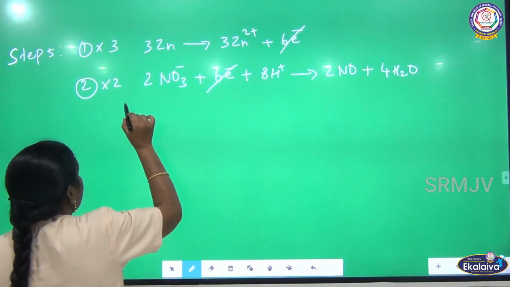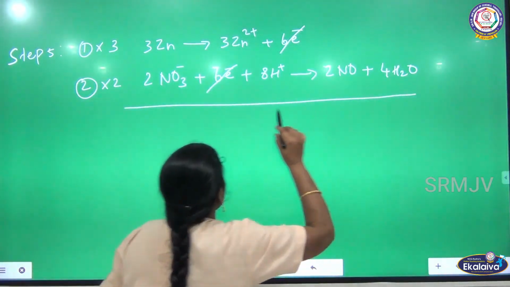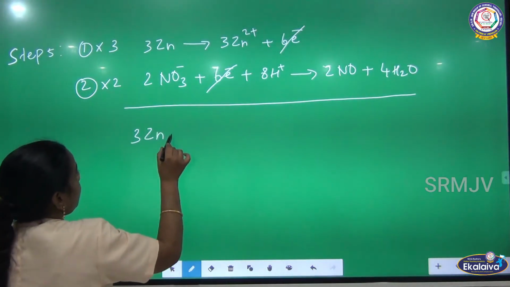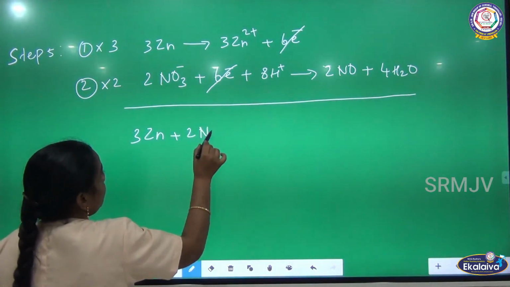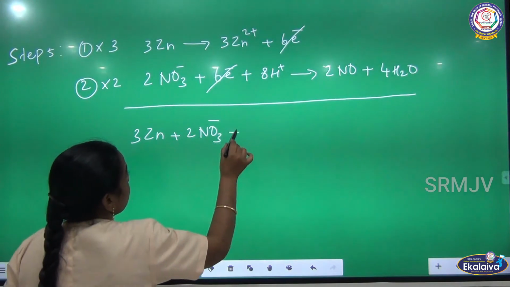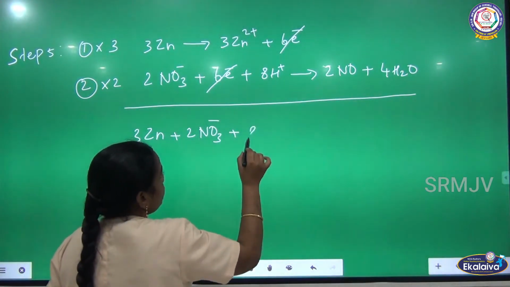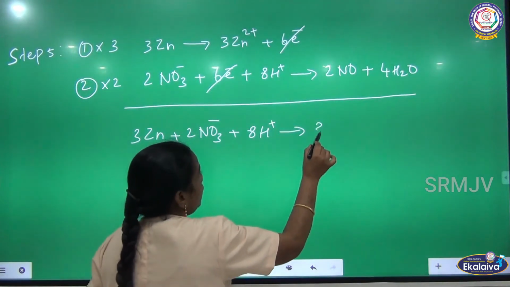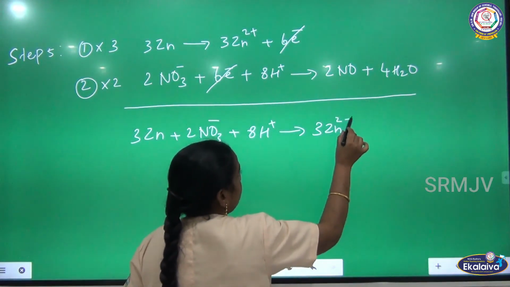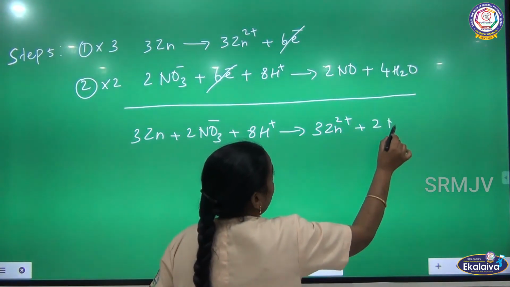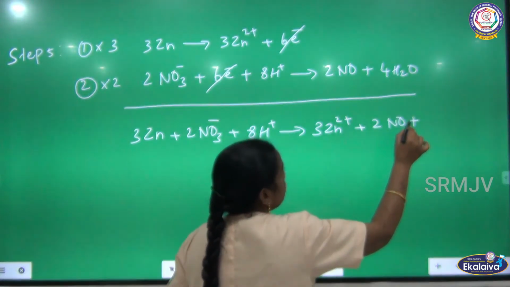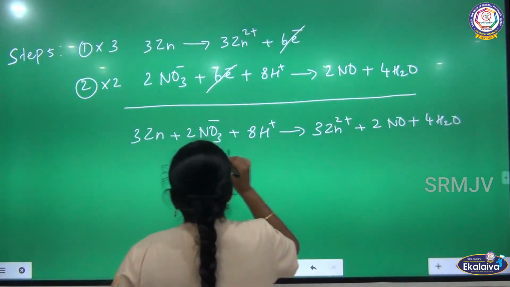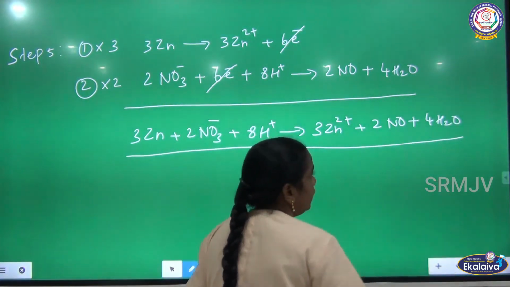Now you write the rest of the equation: 3 zinc plus 2 NO3 minus plus 8 H plus ion gives 3 Zn 2 plus ion plus 2 NO plus 4 H2O. So this is the balanced equation.